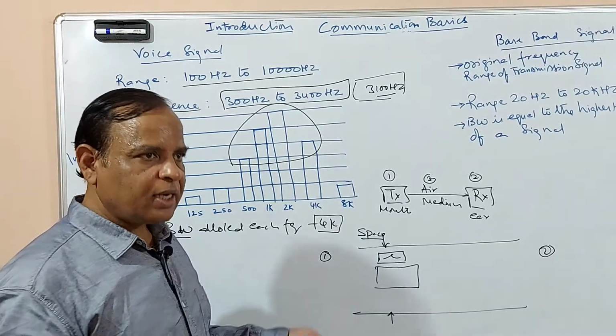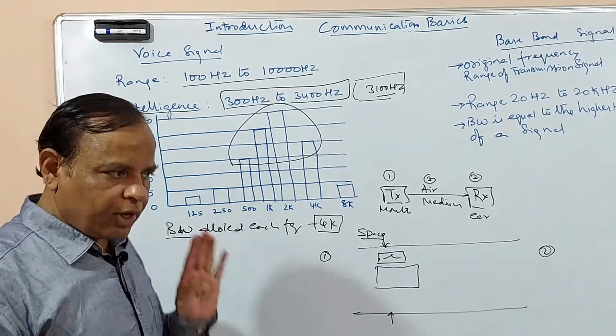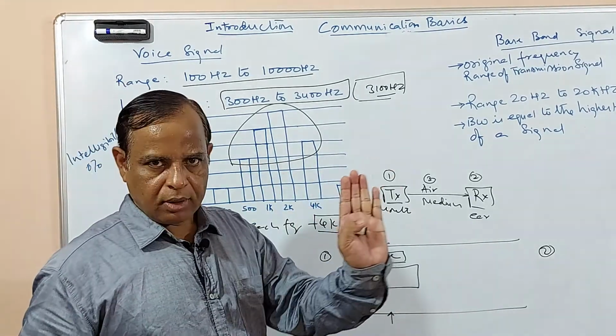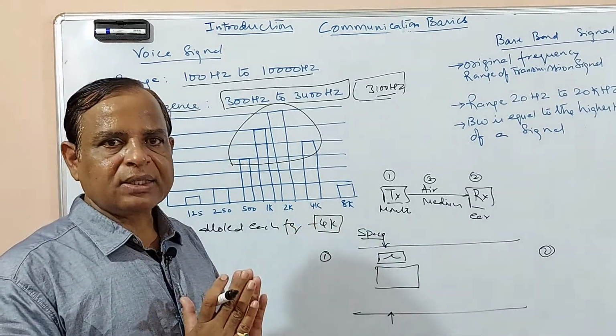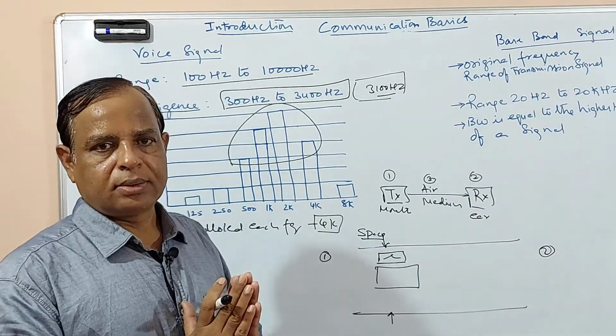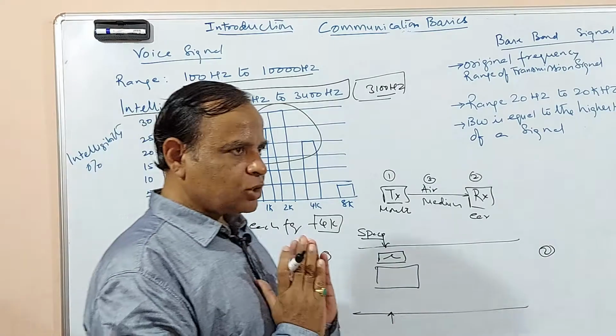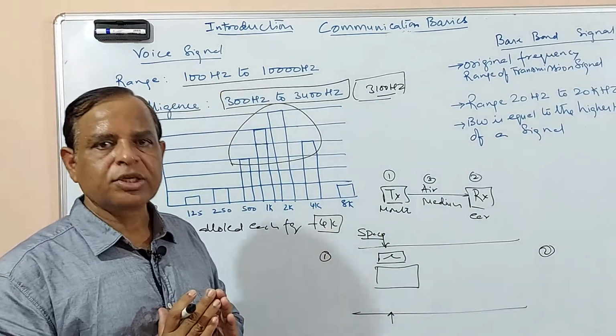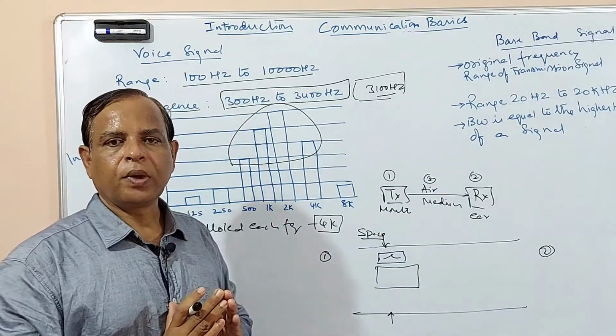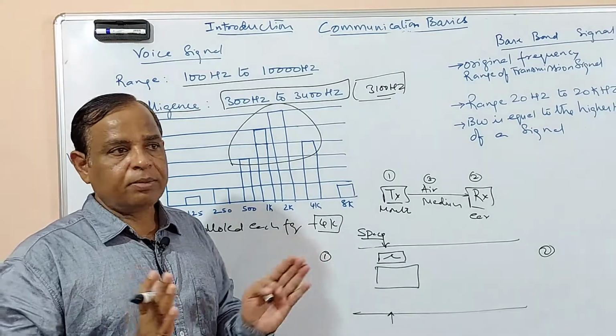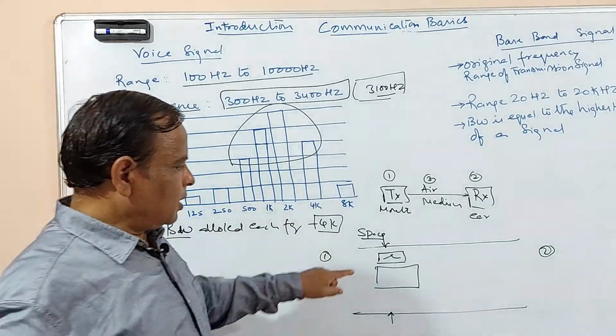Similarly in communication, if any information has to travel through the medium, it requires some bandwidth. It has to have its own space to move to reach the destination. It should be totally independent, not mixed up with somebody else.